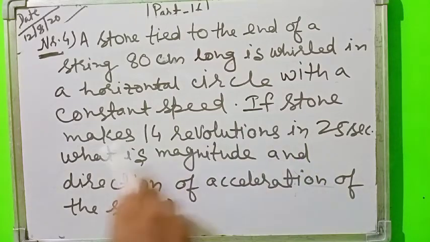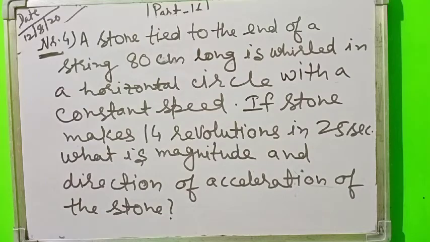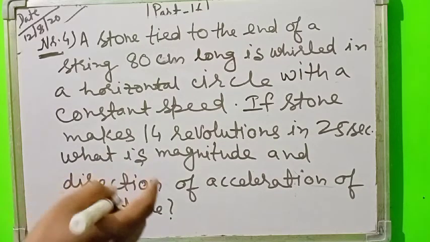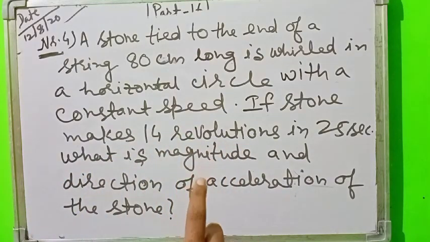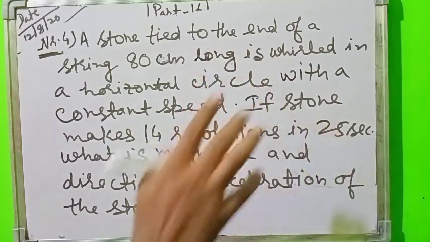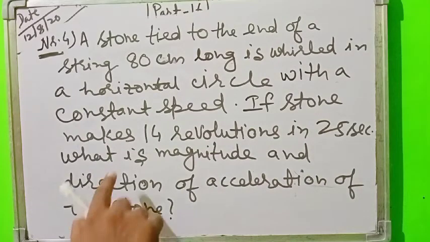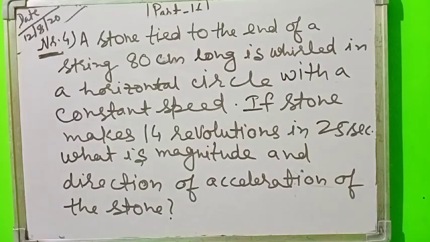If the stone makes 14 revolutions in 25 seconds, from here you can calculate the frequency, that is, number of revolutions upon the time taken to complete them. Then you have to find the magnitude and direction of acceleration of the stone, that is, the centripetal acceleration.